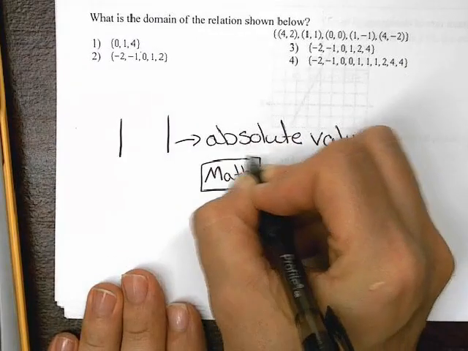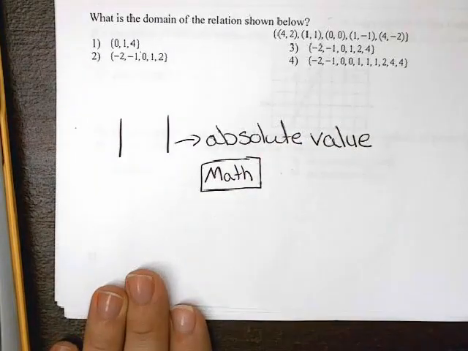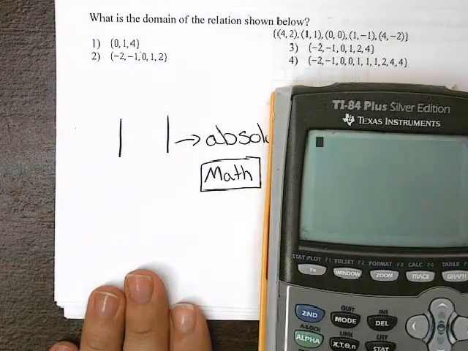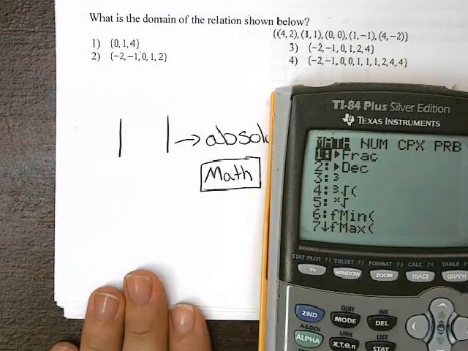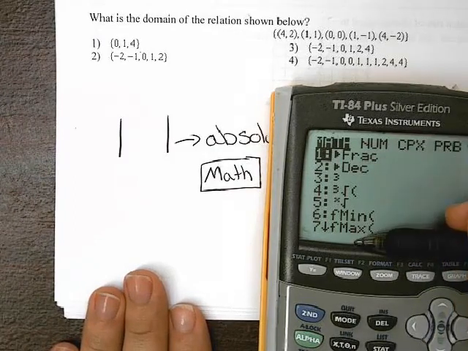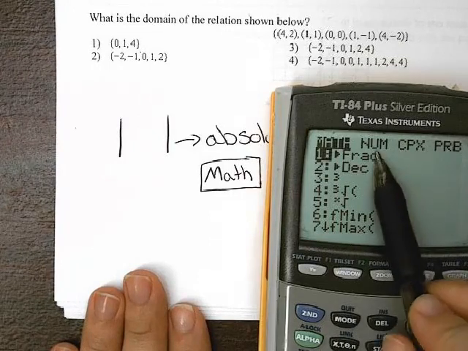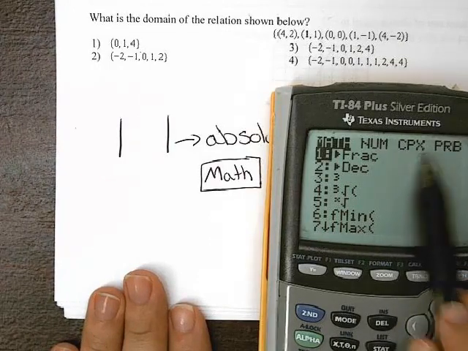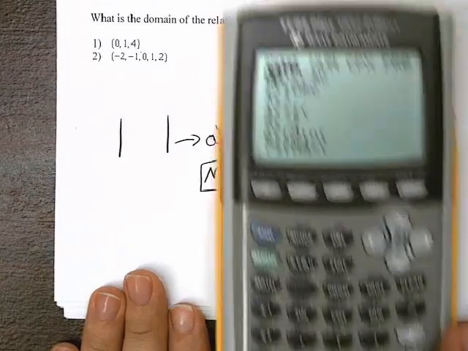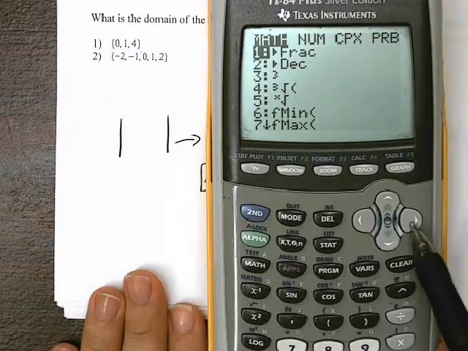What page is this on? 18. Okay, so I'm going to touch my math button. Okay? It's not one of these. I can't see it. So what does that mean? We have other categories at the top of our calculator. So right now what I'm going to do is tab to the right.